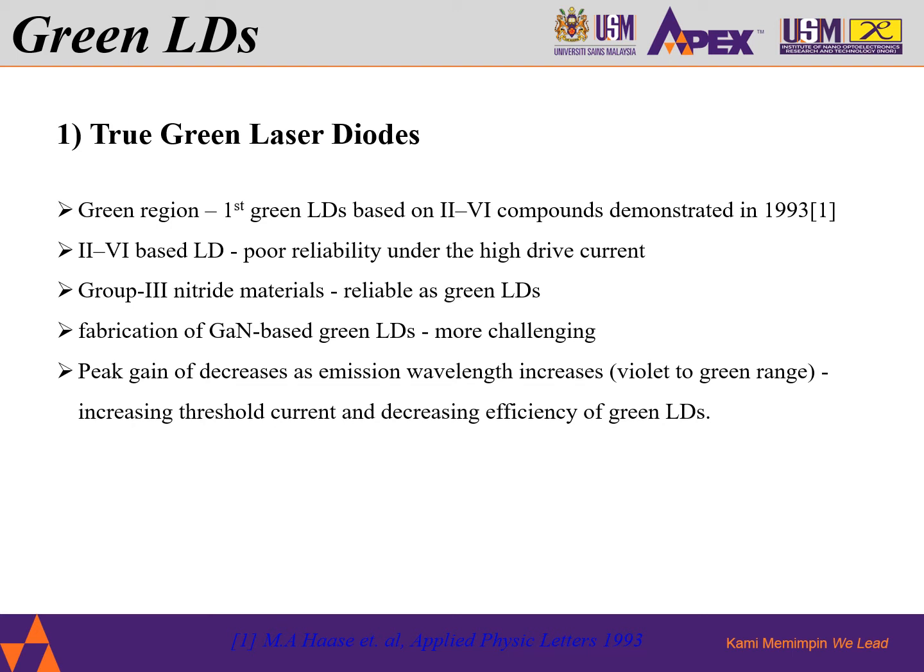Fabrication of GaN-based green LDs is more challenging compared to the blue and also ultraviolet LDs. The peak gain of GaN-based LDs decreases as the emission wavelength increases from violet to green range, which results in increasing threshold currents and decreasing efficiency of green LDs.